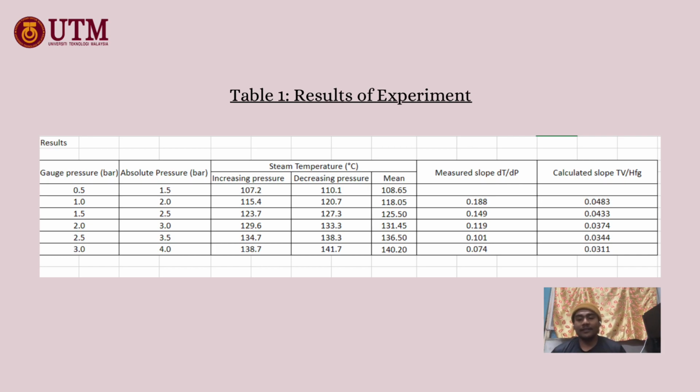The first section is increasing pressure, the second section is decreasing pressure, and the last section is mean. In the fourth column, we have measured slope, delta T over delta P. And in the last column, we have calculated slope, Tv over Hfg.